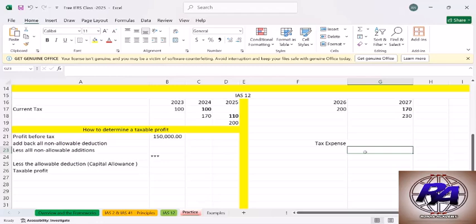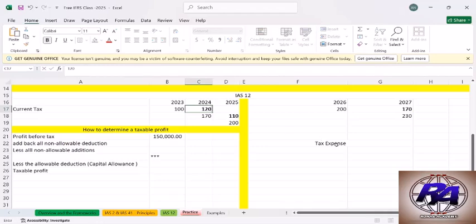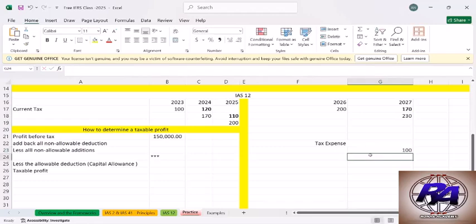So I'm using the first example. We made provision. This is supposed to be 120. Okay, so we made provision for 100. It's a liability. Provisions are liabilities. So let me put here provision.